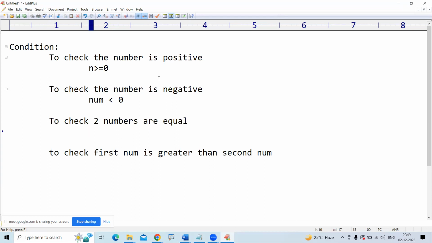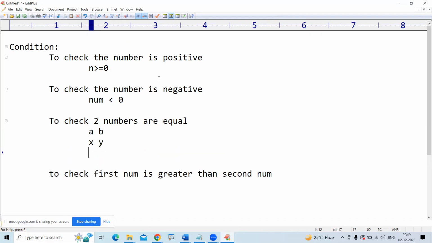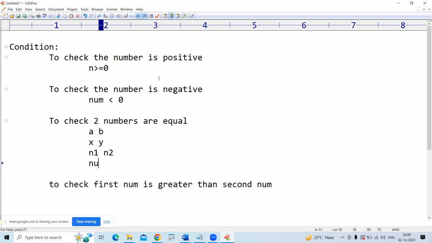How can you check two numbers are equal? Two numbers, maybe you can take A and B, X and Y, N1 and N2, or num1 and num2. Variables are completely your wish. When they are equal: A equals to B, X equals to Y, N1 equals to N2.